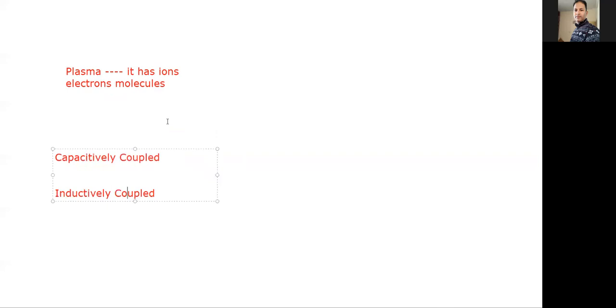If you list those mechanisms, the first is physical sputtering taking place. Physical sputtering means that your film gets removed due to energy, and in this case energy means kinetic energy.